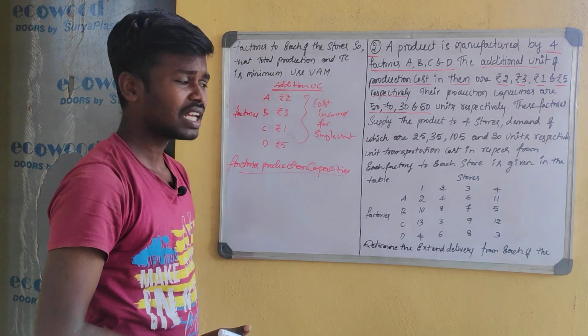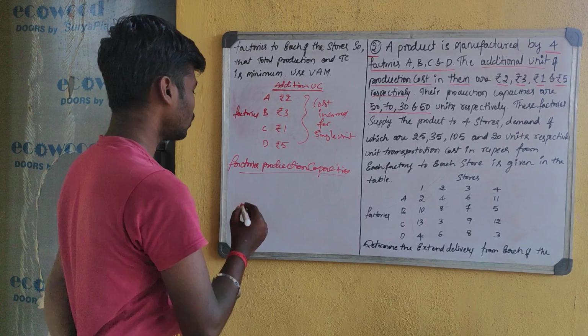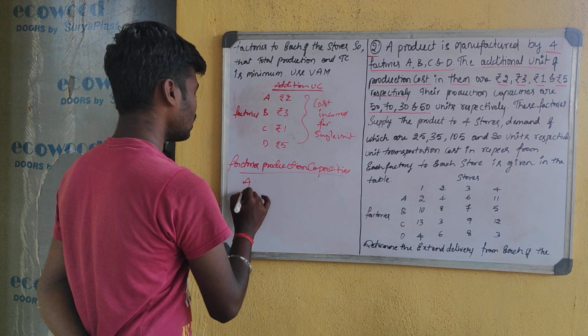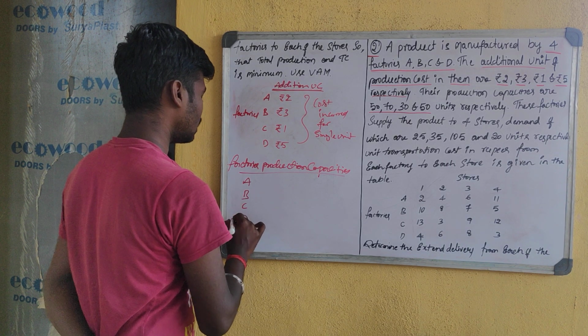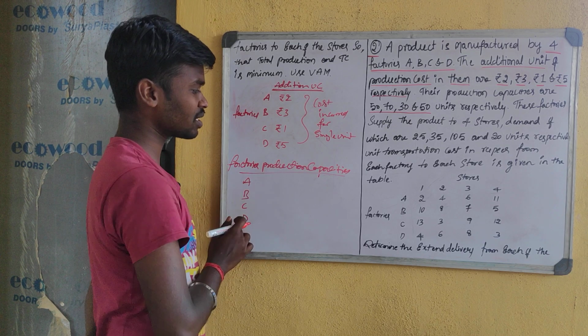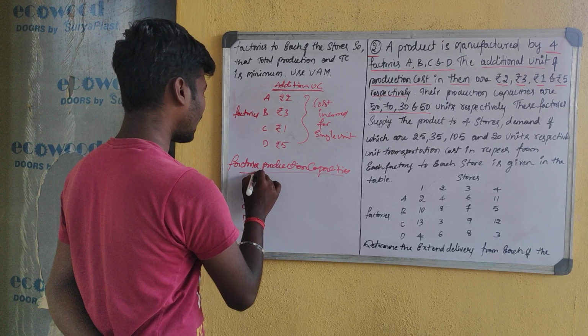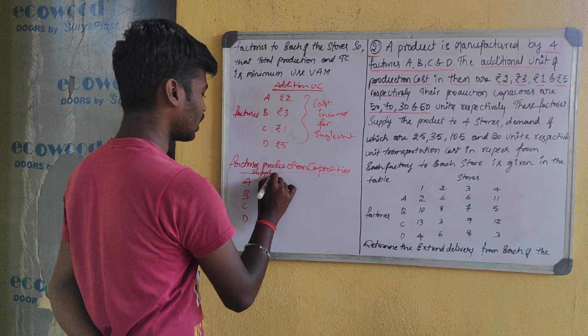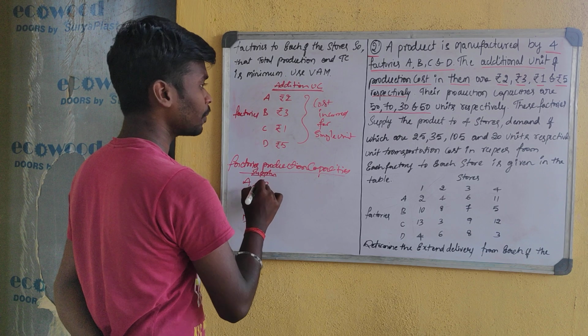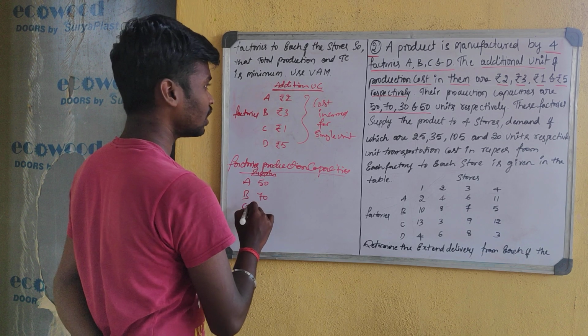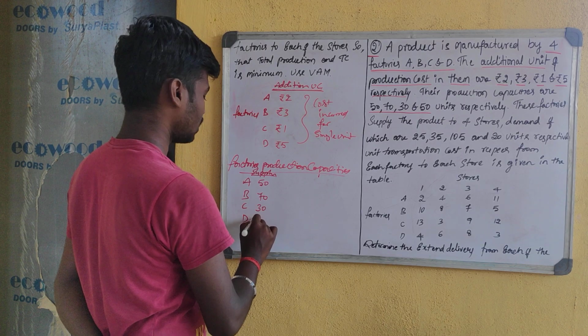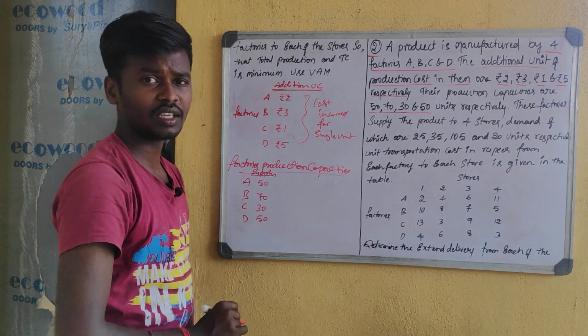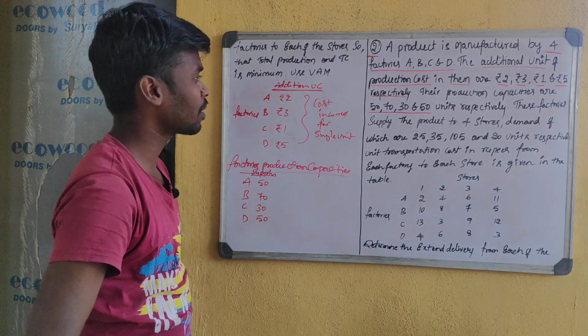So write down here A, B, C and D. The production capacity can also be written as supply. So 50, 70, 30, and factory D has a production capacity of 50.